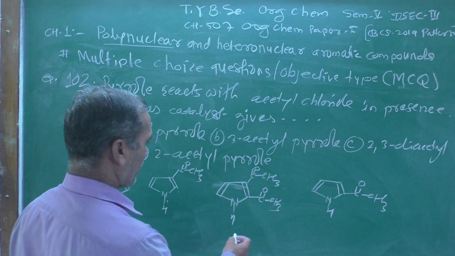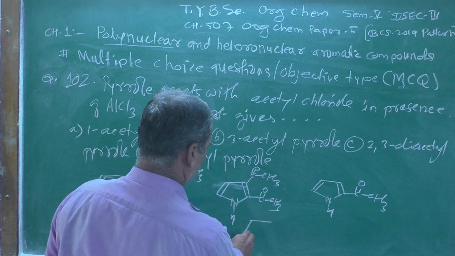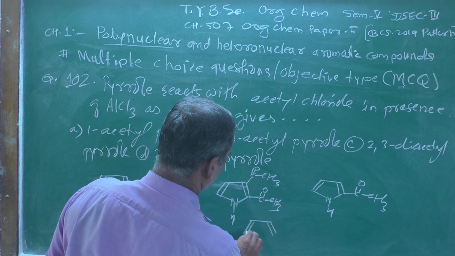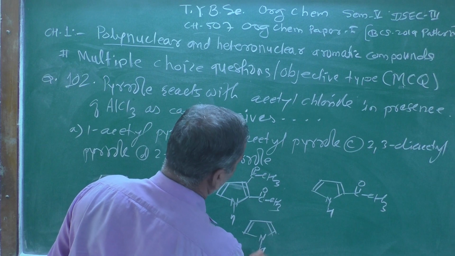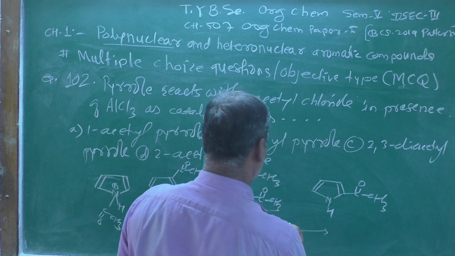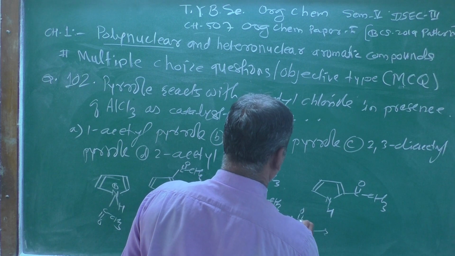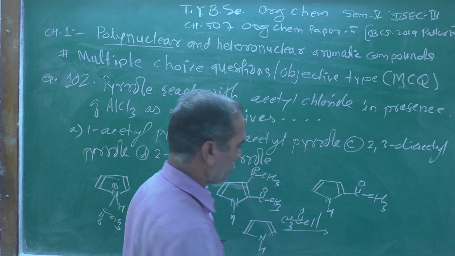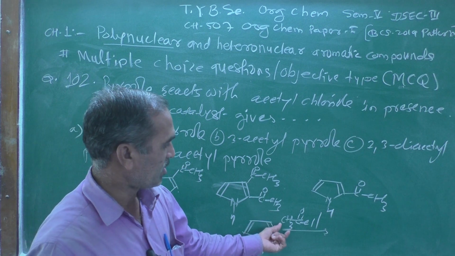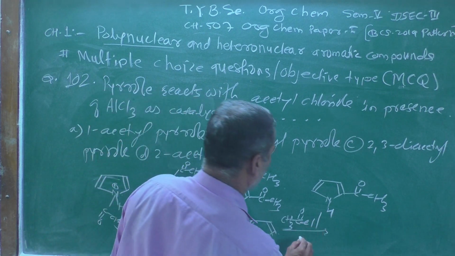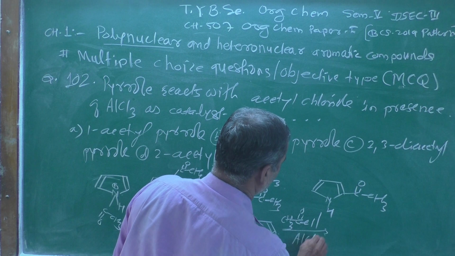Let us recap it here. This is the structure of pyrrole when it is treated with acetyl chloride. The chemical formula of acetyl chloride is CH3 C double bond O Cl, in presence of AlCl3.